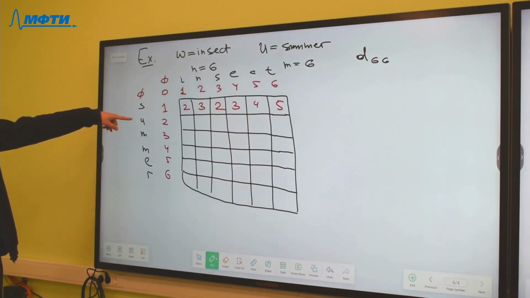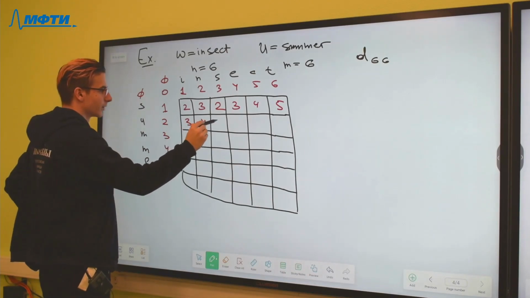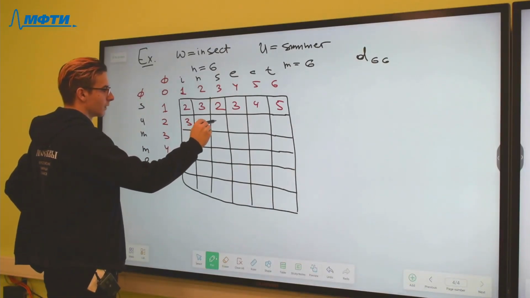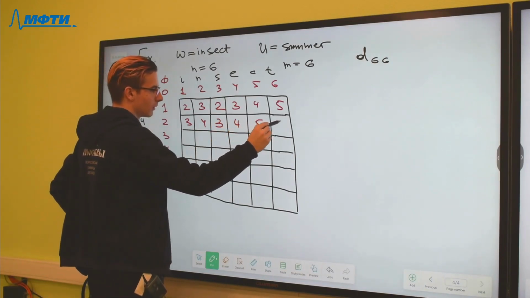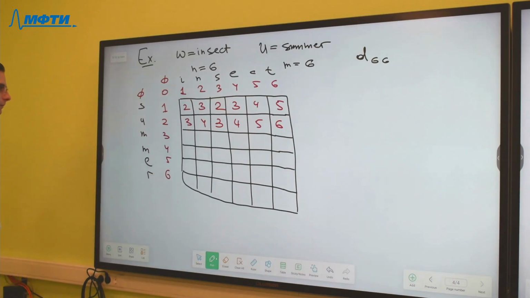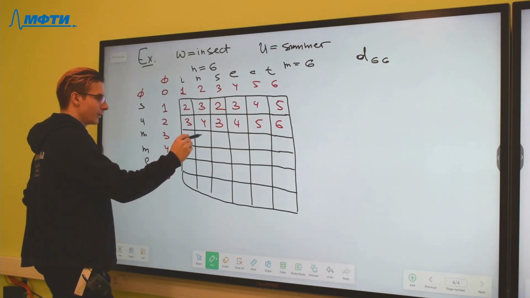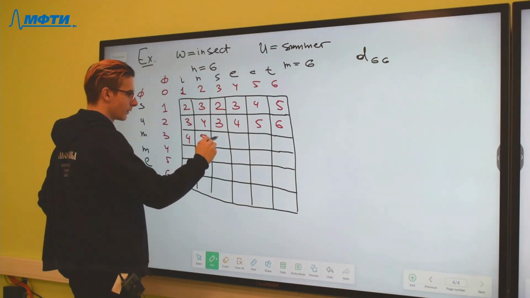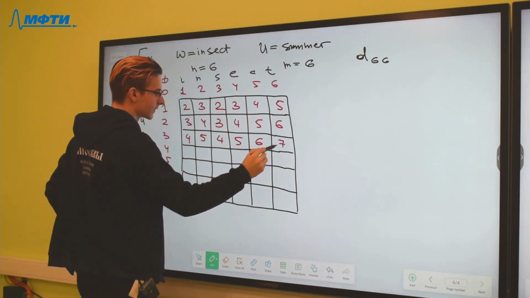It is different for all of these characters. So here we find a difference. 4, 5, 4, 5, 6, 7.